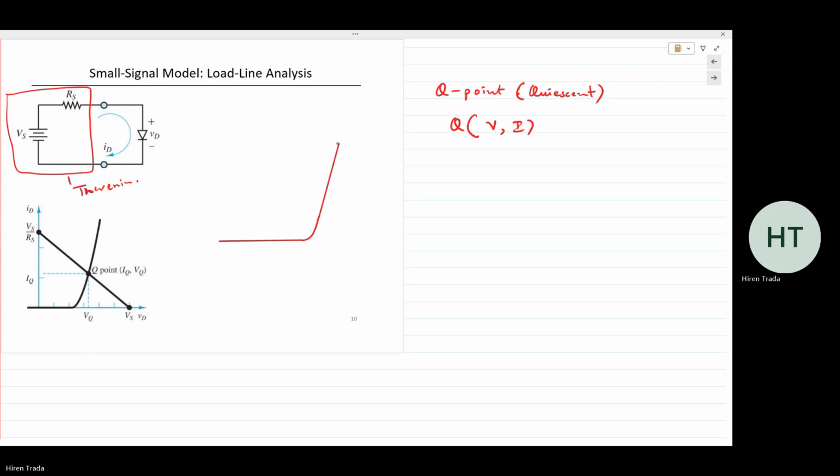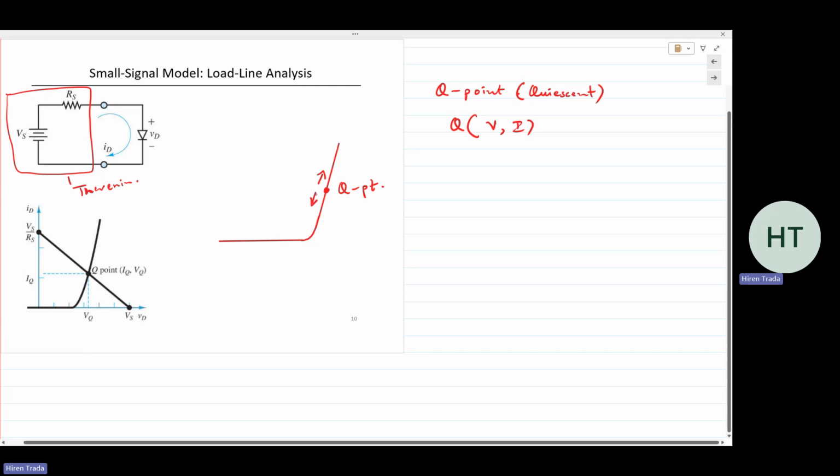If you apply a certain voltage, you're going to get a Q point. Now, if you apply a small AC voltage on top of the DC, your Q point is going to move up and down the diode characteristic curve.